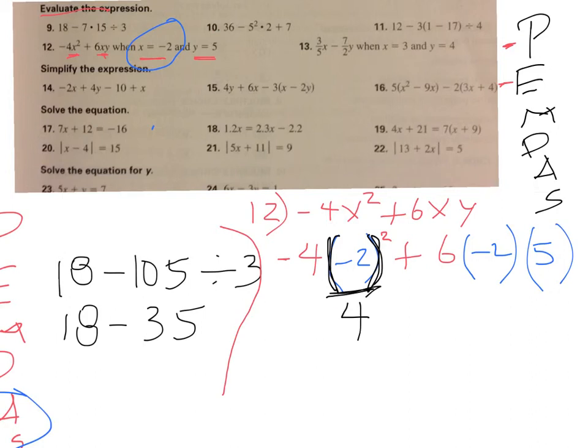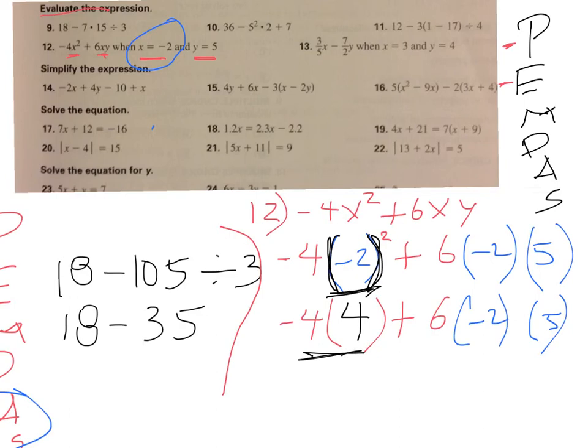But before that, I had a negative 4 here, which is going to multiply the 4 that I just got. Plus 6, let's rewrite those two: negative 2, 5. As you can see, I have a product here and here. All those are products, so let's do the first one.